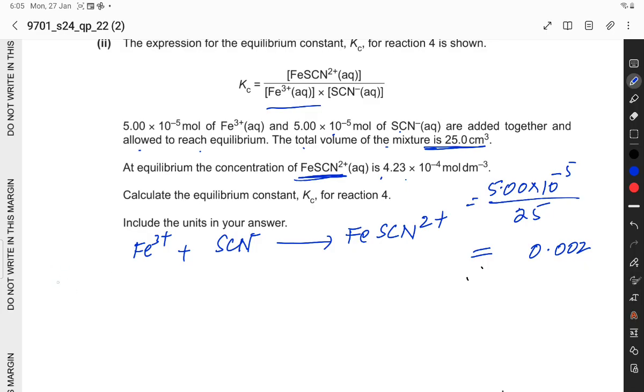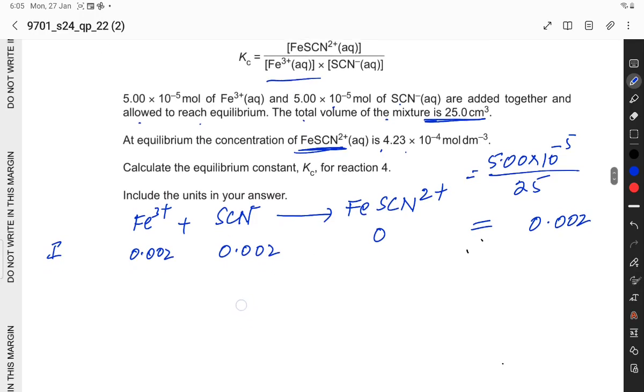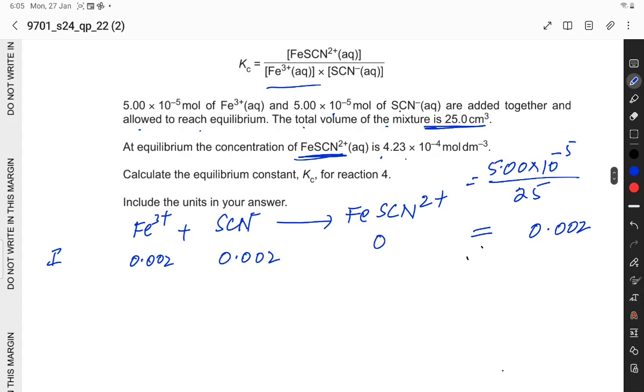So the initial concentration is 0.002, 0.002, and over here 0. In the question, the equilibrium concentration of product is 4.23 into 10 raised to minus 4.